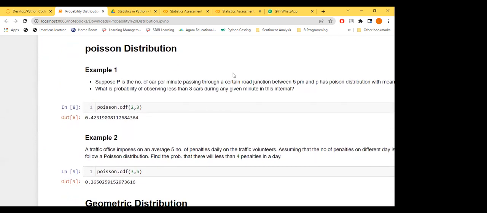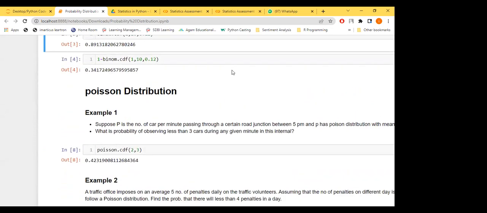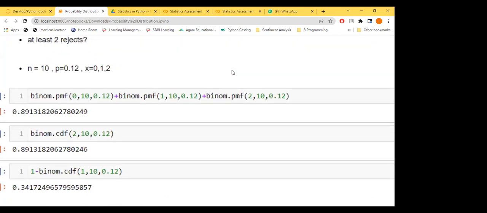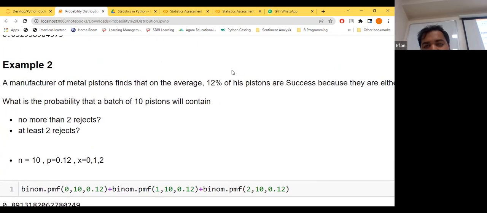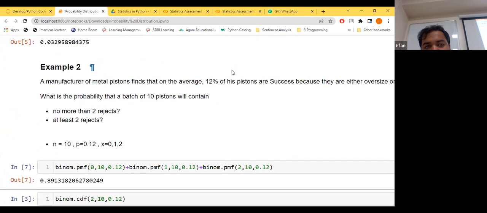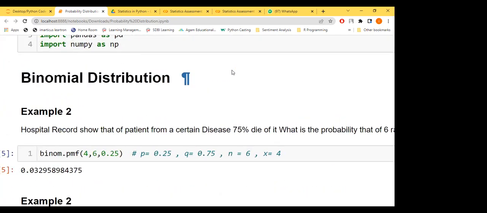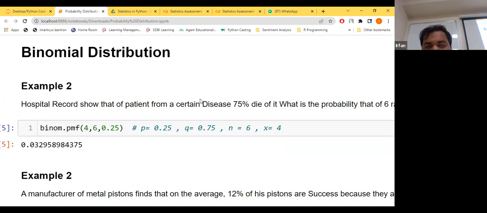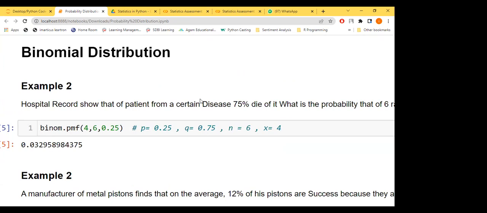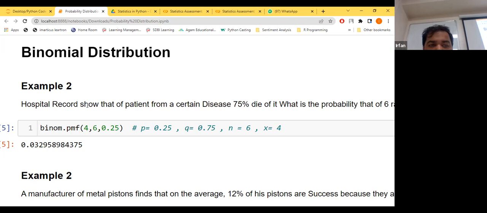Sir, actually, from where did we get the values in binomial, as we took the values n and p? Can you read the hospital one first? 4, 6, and 0.25. So your question is from where we get the values?